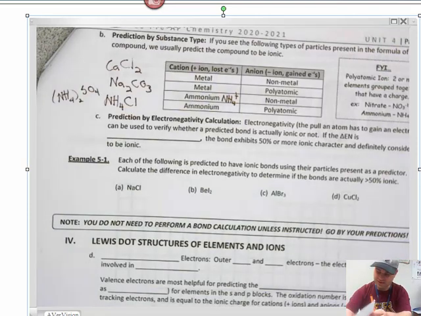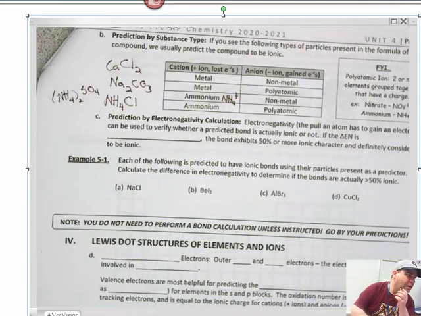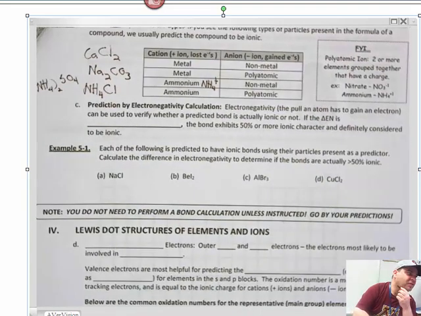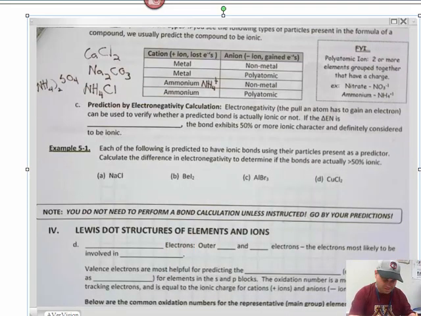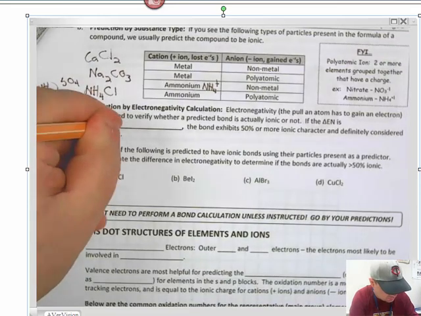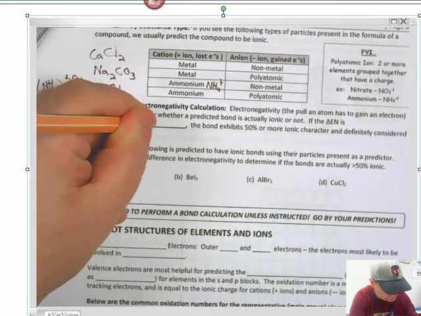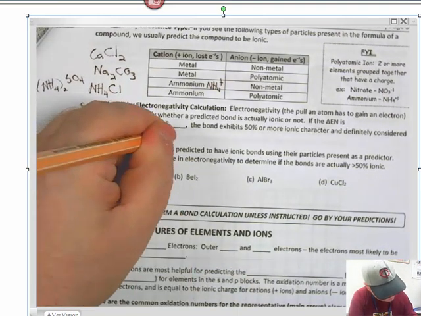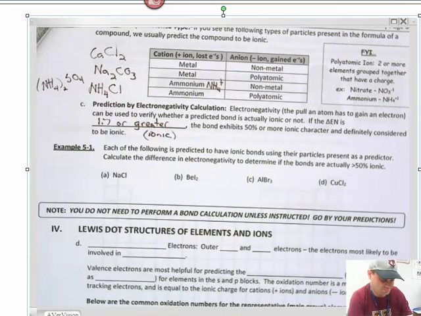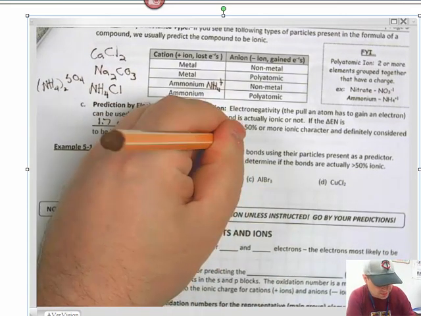Predicting by electronegativity calculations. Electronegativity is the pull of an atom for electrons, and is one of the most important properties to know. If the electronegativity difference is 1.7 or greater, it is ionic.